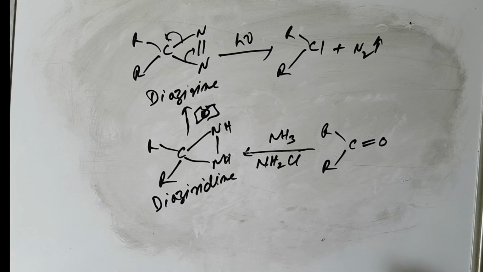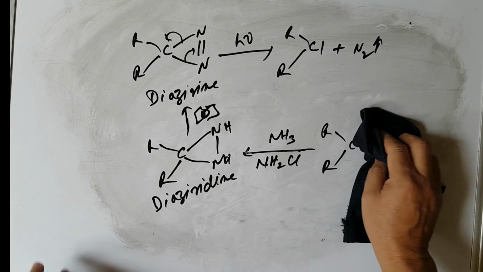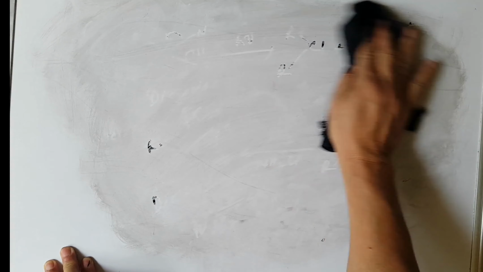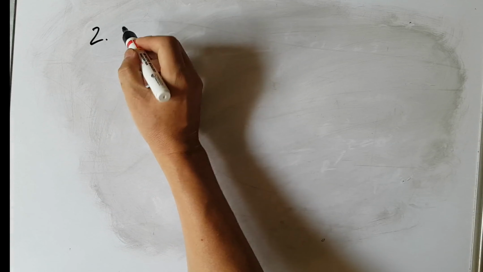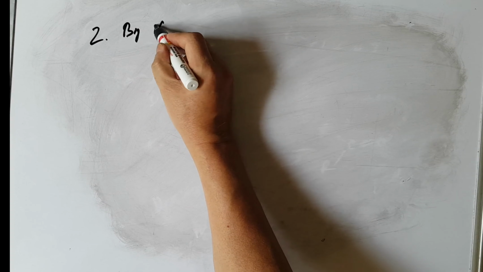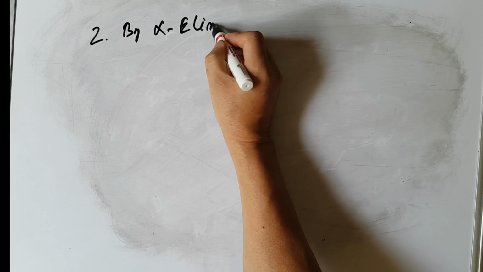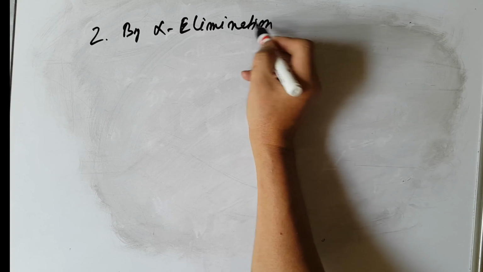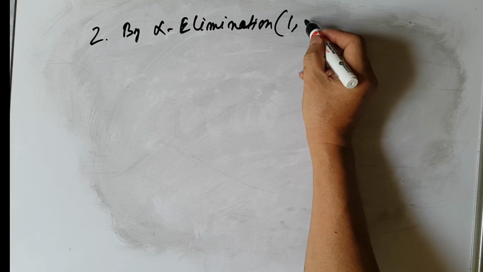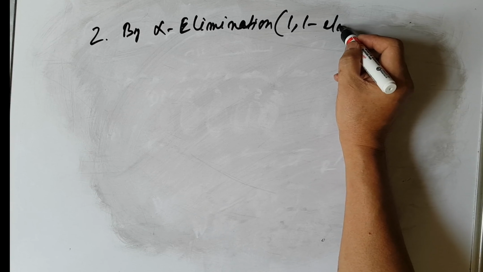So we have discussed the first main type, which is photolysis or thermolysis of certain compounds containing certain double bonds. Now the second main type of generation is by alpha elimination, or you can say 1,1 elimination.